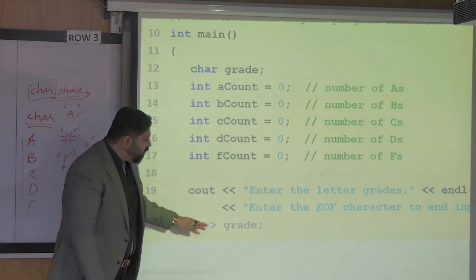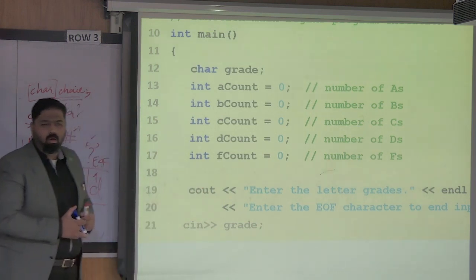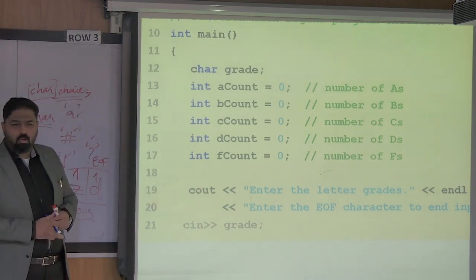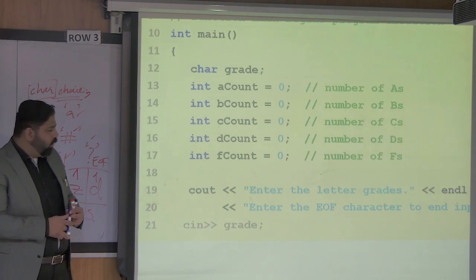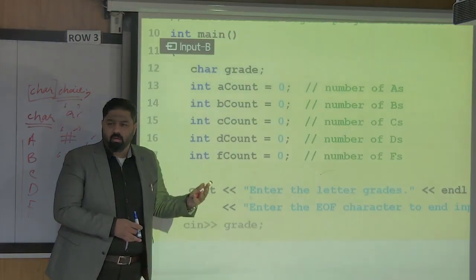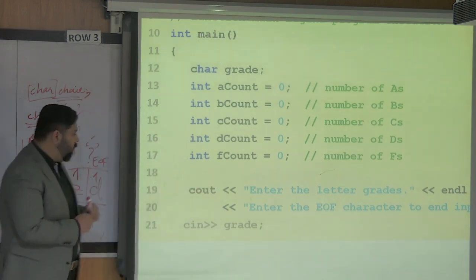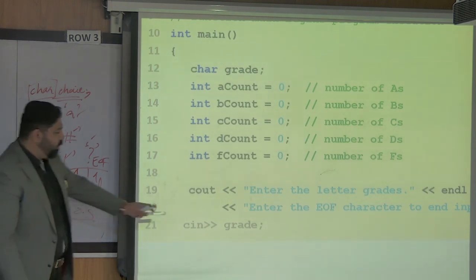So before starting, do we require any looping in this program or not? कोई looping चाहिए आपको? Loop करना पड़ेगा? Of course, multiple students तो आपको loop तो लगानी पड़ेगी. So first of all, you have prompted the user to enter the letter grade or enter EOF to end. तो again decision making किस पे हो रही है, किस variable पे हो रही है? ग्रेड.